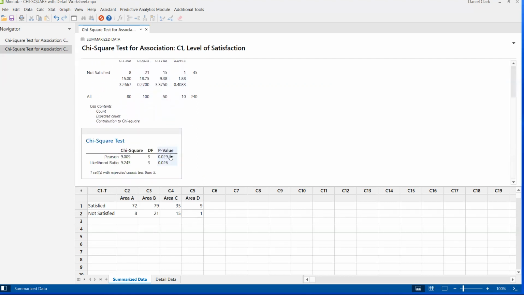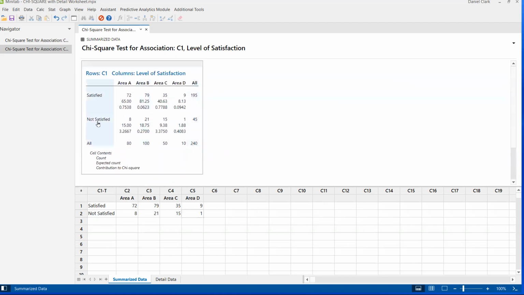So I've got a p-value that's low, tells me I can reject the null hypothesis and conclude at least one of these areas is different in terms of its proportion of satisfied customers. By looking at the chi-squared statistic, I can see that it looks like area A and area C are the ones where the most difference lies.